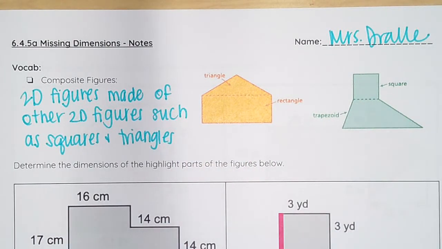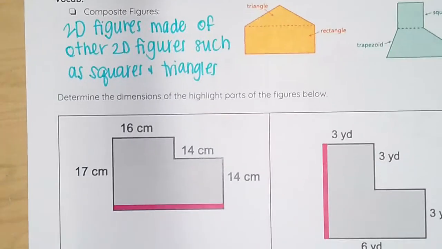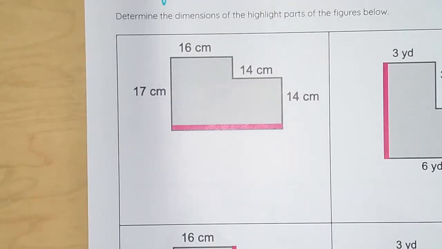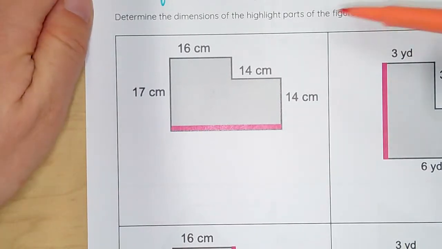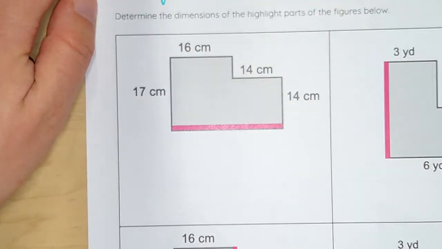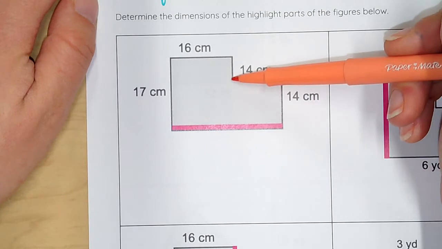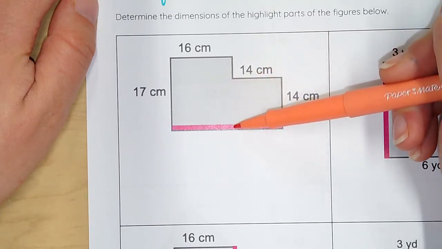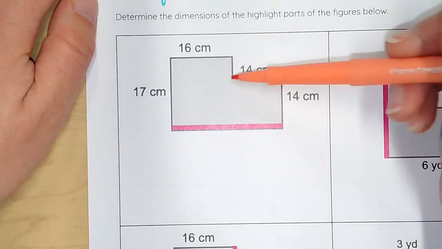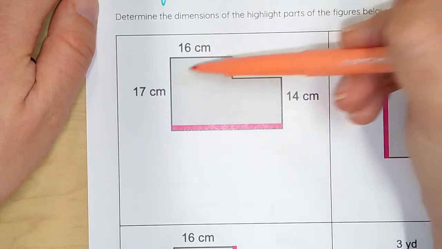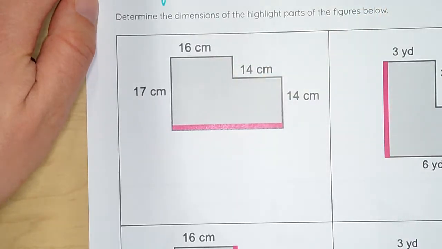Today, what we are going to practice is how to determine side lengths for composite figures so that we can later find the area. So when I look here, I have a composite figure and I could either break down this figure right here, so I'd have two rectangles, or I could break it down here, so I have two rectangles.